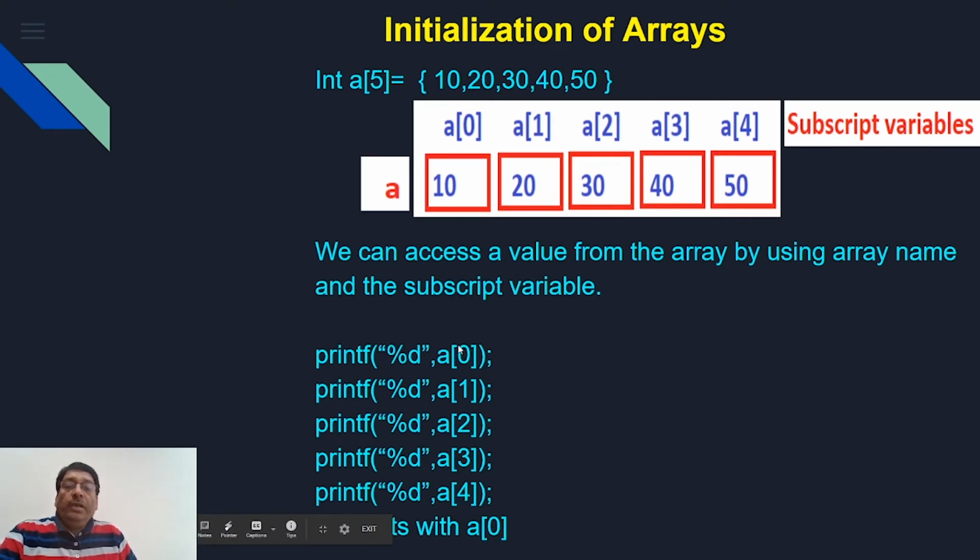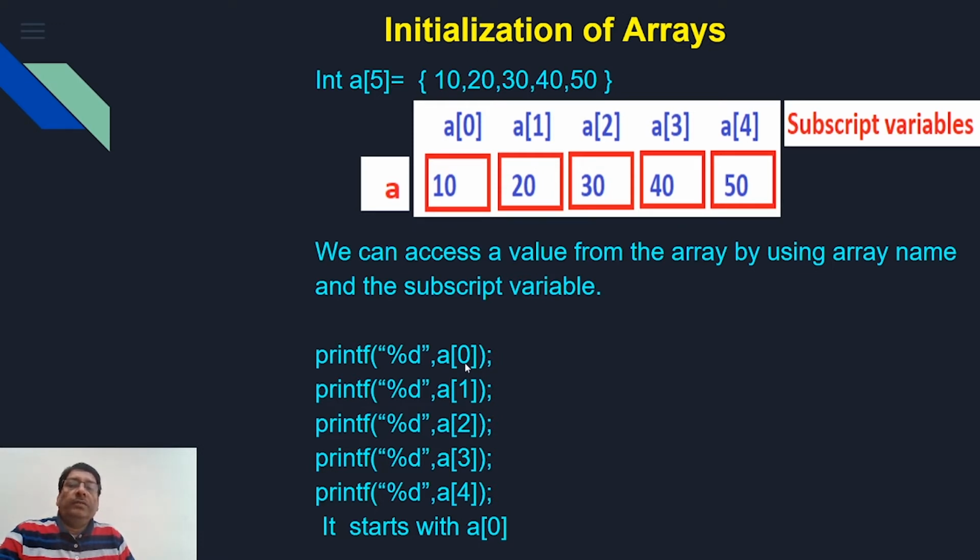Instead of writing this printf statement 5 times, you can make use of a for loop or a while loop or a do while loop, and then you can change this subscript variable from 0 to 4. So this is how you are going to access the elements which are present in an array. Initialization can be done in this fashion, and then you can access the values of a particular location using a subscript variable like a[0], a[1], and so on.